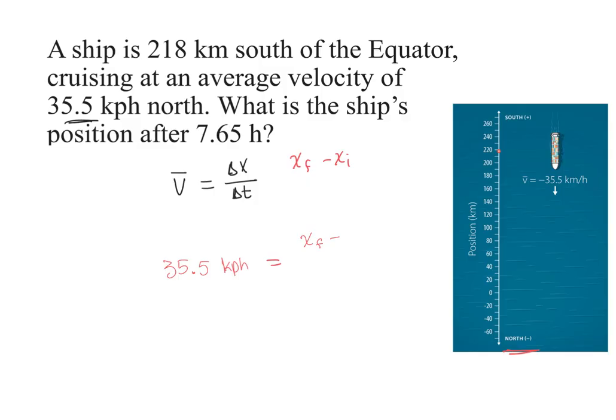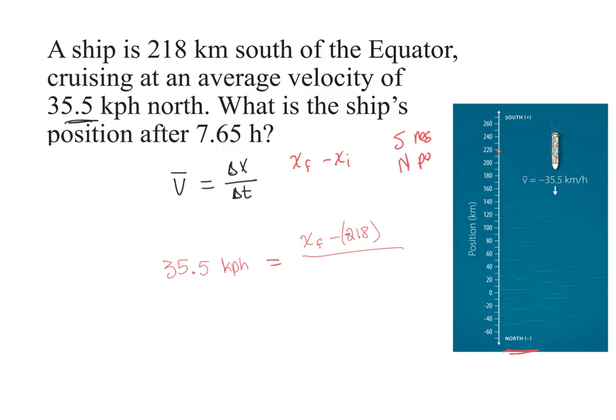We know the initial position of 218 kilometers, and remember, it is kilometers south of the equator and it is traveling north. And so if we are south of the equator and we are traveling north, in my scenario, I'm going to make south negative and I'm going to make north positive. And so if they are 218 kilometers south of the equator, then I'm going to make that negative there.